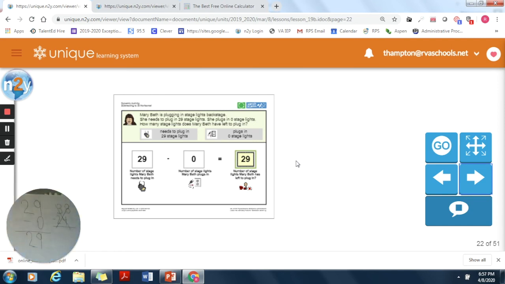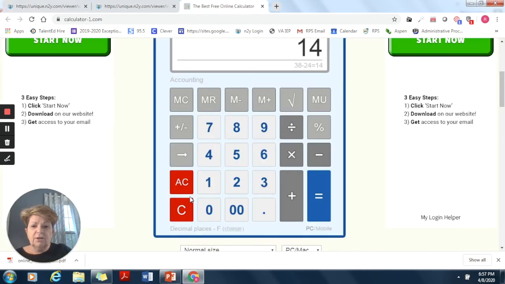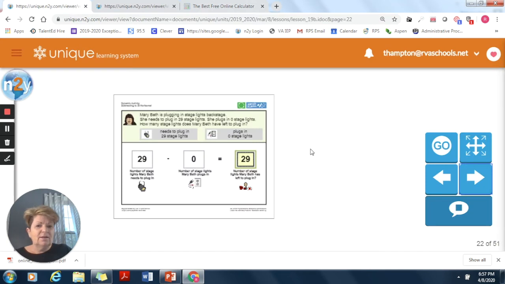And we have 29. Very good. And then, of course, we can always check again on our calculator. We press clear. We put in 29 minus 0 equals 29. Very good.